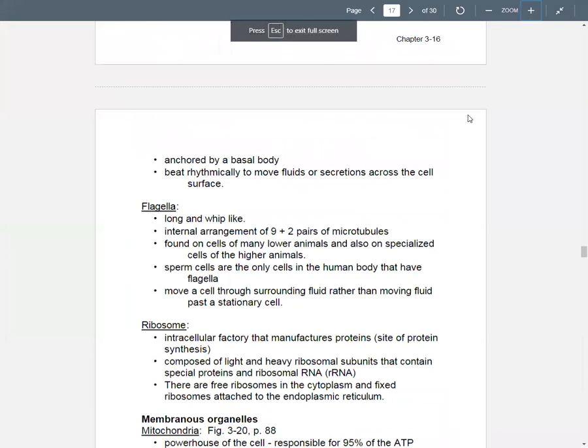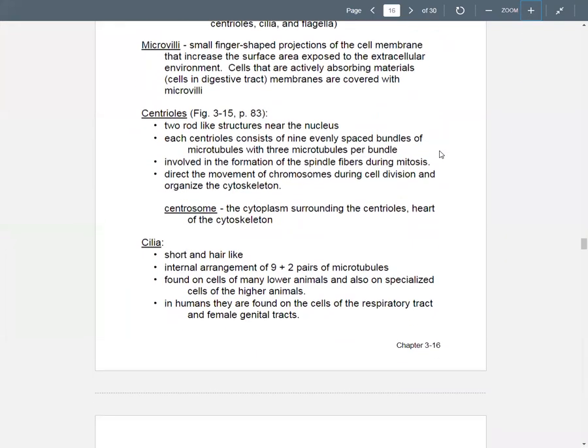So I believe we left off at microvilli last time, so we'll pick up here. We were going over parts of the cell. So microvilli. These are small projections, particularly in comparison to cilia, on the cell membrane, and the purpose of them is to increase your surface area along your cell membrane so you have more exposure to the extracellular environment.